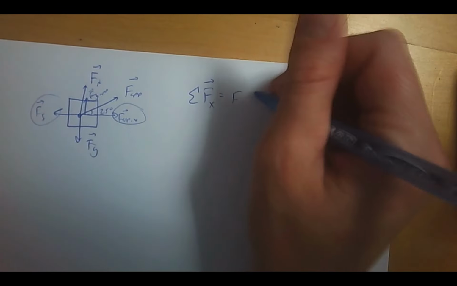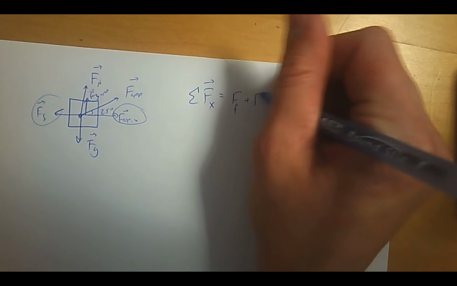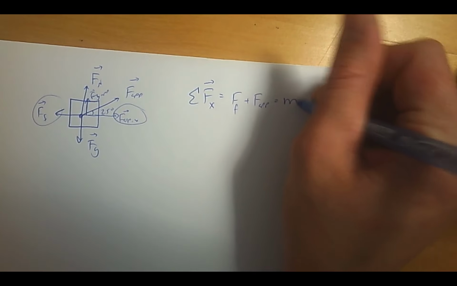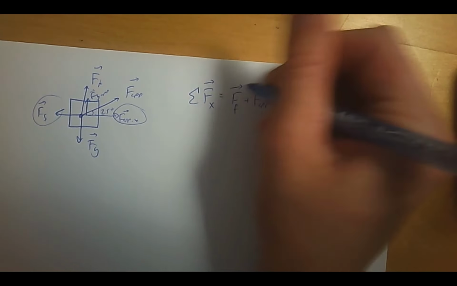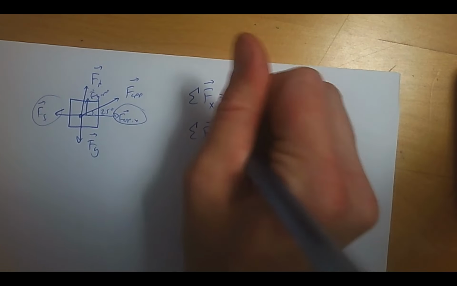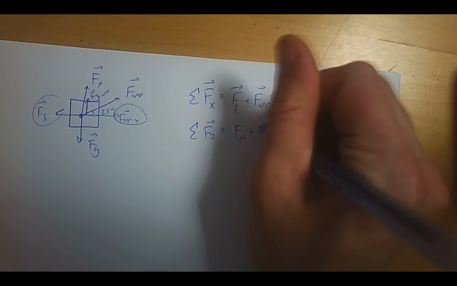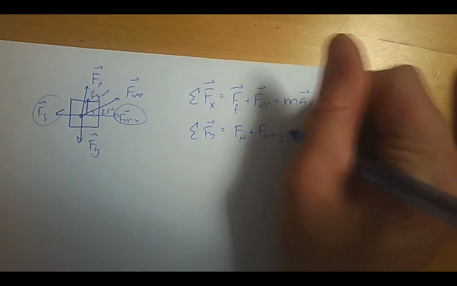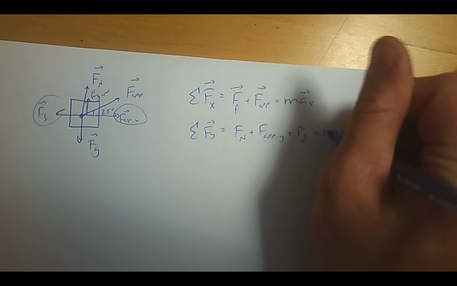So the sum of the forces in the x is equal to friction plus the applied force, and that equals max. And the sum of the forces in the y direction is equal to normal plus the y component of applied force plus the gravitational force, and that equals may.